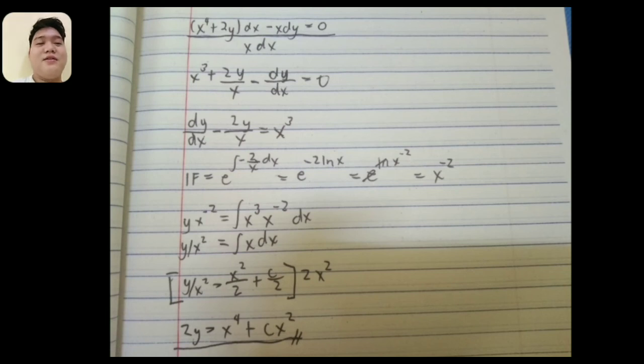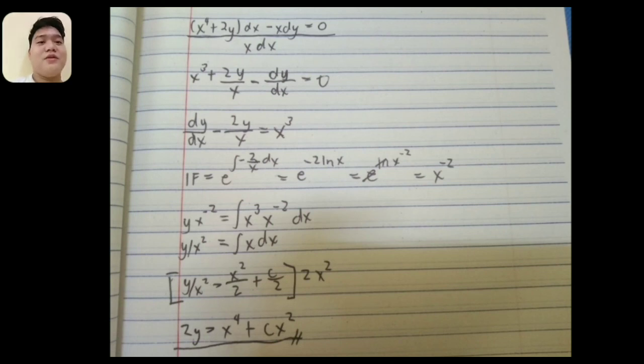So the integrating factor equals e raised to the integral of p of x. Our p of x is the coefficient of y, which is negative 2 over x.